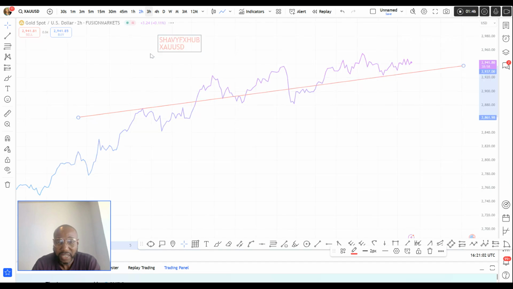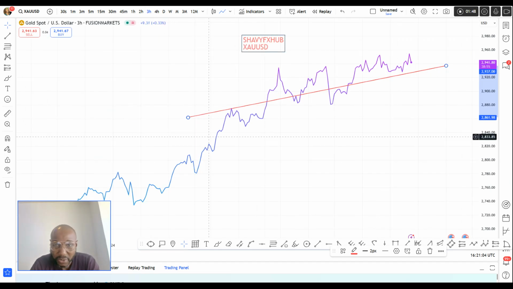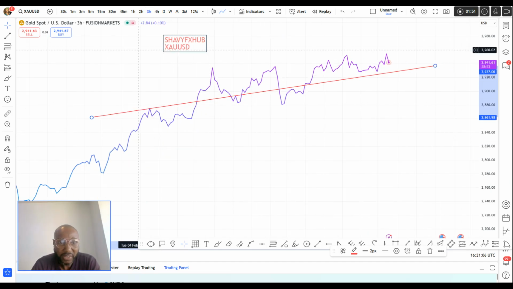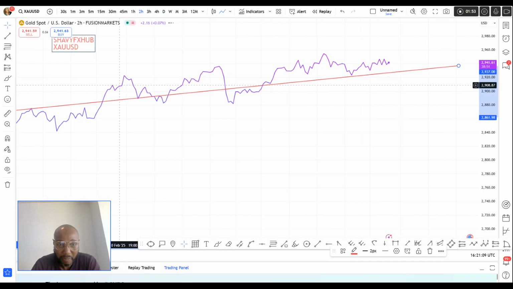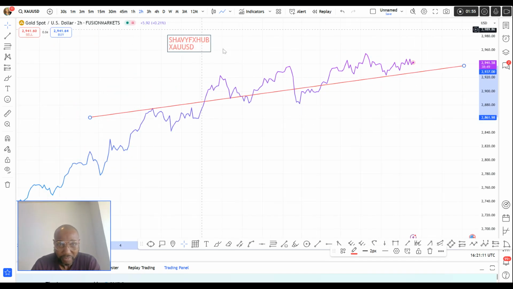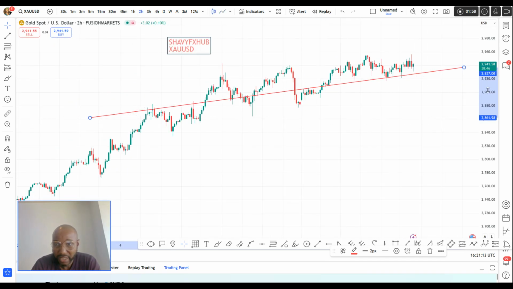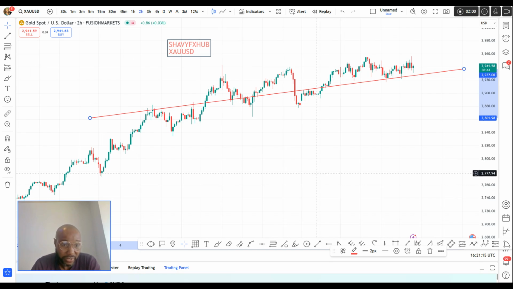I want to view it on 3 hours. Good. So on 3 hours, it gives us the same, 3 hours aligned with 2 hours. So we've got a structure and we'll return back to see how price has reacted at those areas.